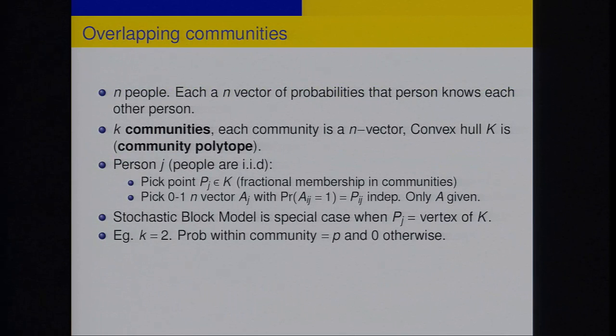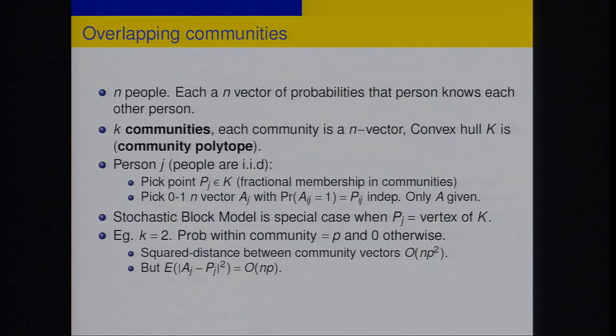So let's take two communities. Let's take a very simple model where the probability of two people meeting in the same community is p, and 0 if they are in different communities. The squared distance between community vectors, it's easy to see, is np squared under this definition. But the variance, unfortunately, is np. This is all just Bernoulli, it's an easy calculation. So p is often a little over 1.